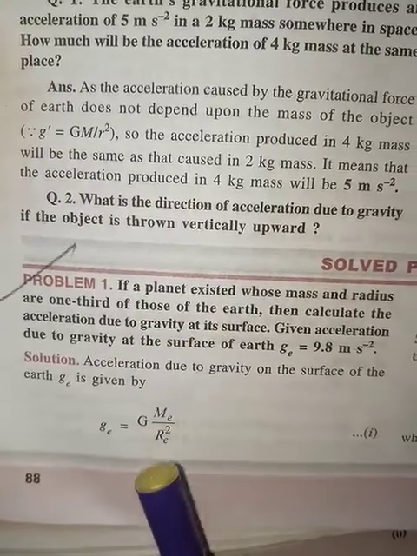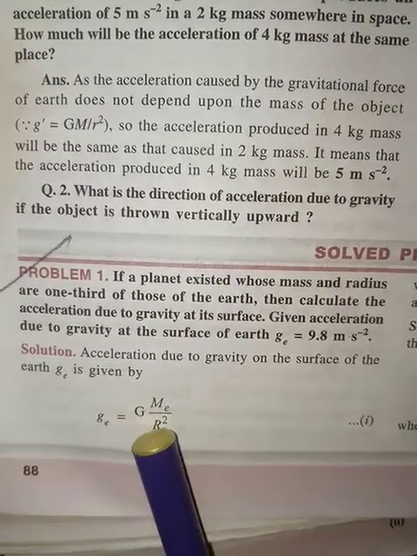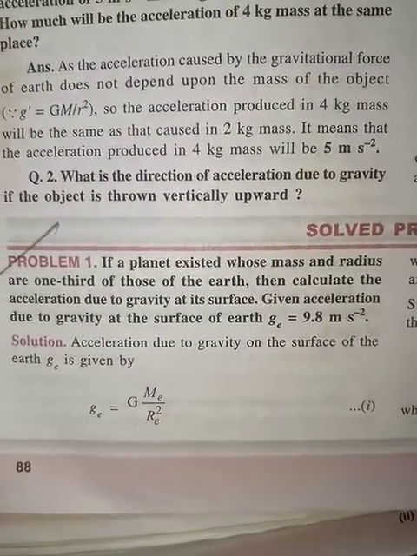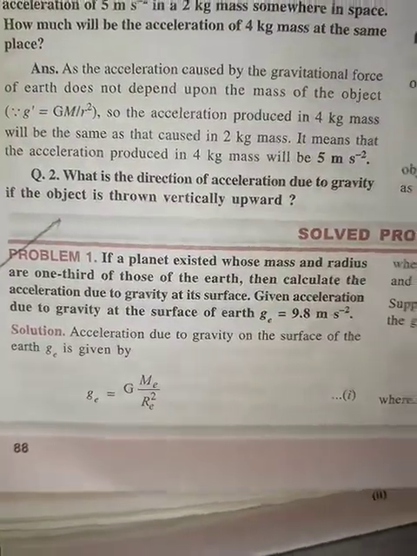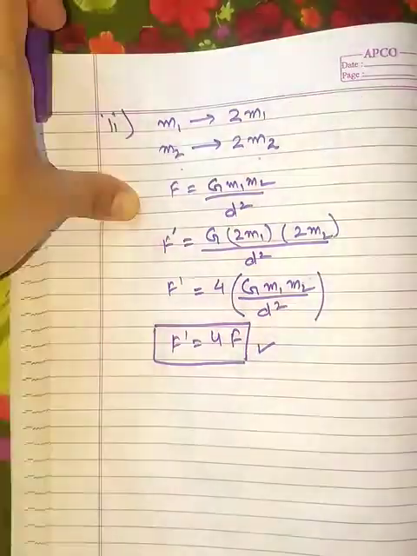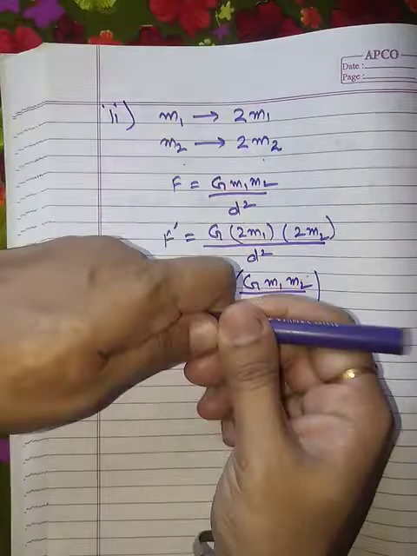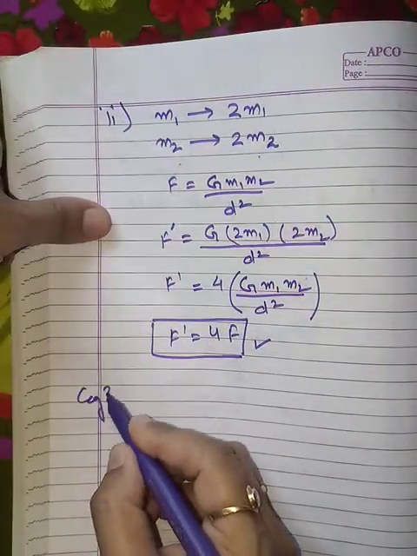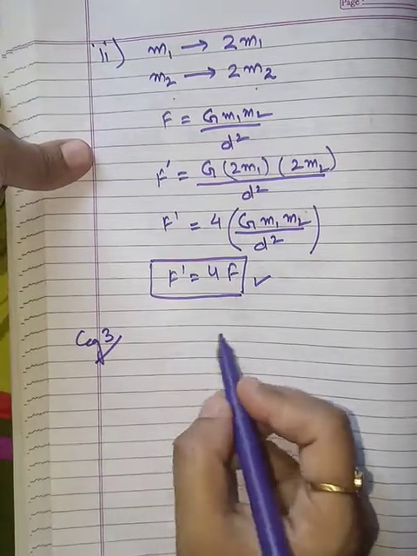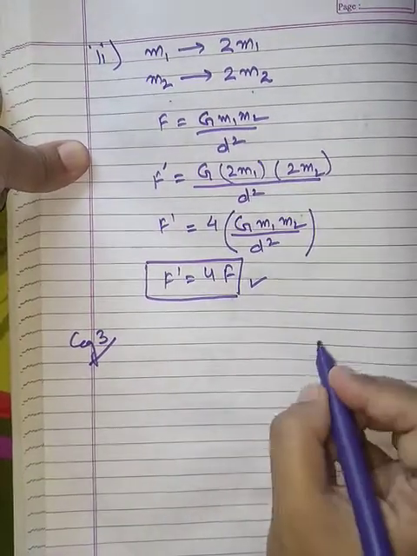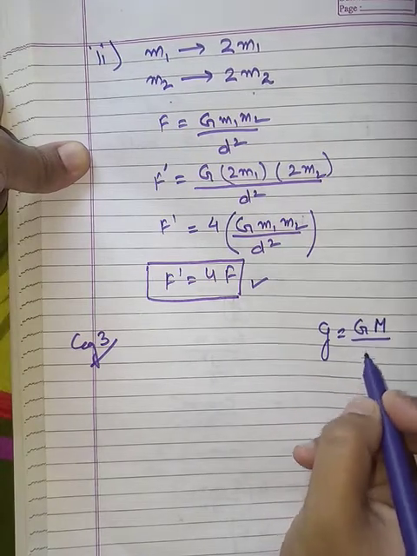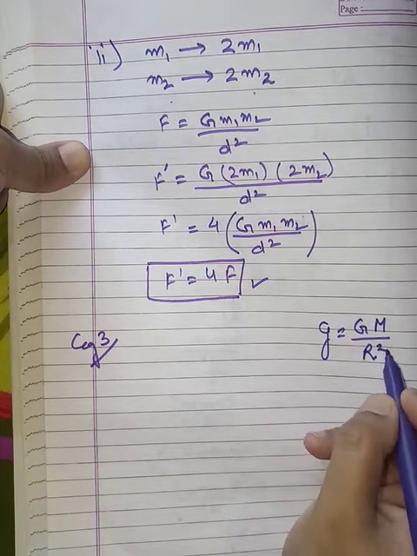So acceleration due to gravity has this formula, so we will do it according to this formula. First of all we write down what are the things given for this question. This is example number 3 for this video, based on the next formula, that is g is equal to capital G capital M divided by capital R square.